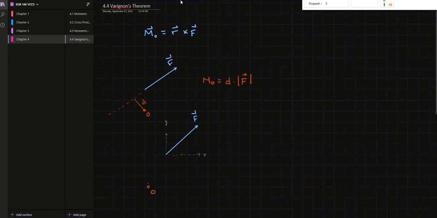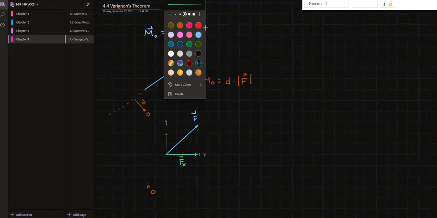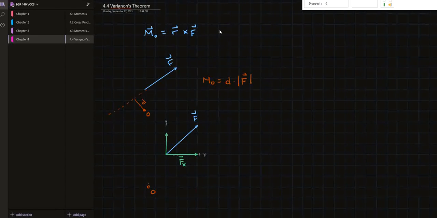Then you can figure out what your x component vector is and your y component vector. Then it might actually be easy to figure out these distances here.